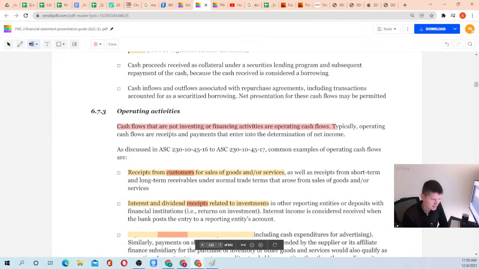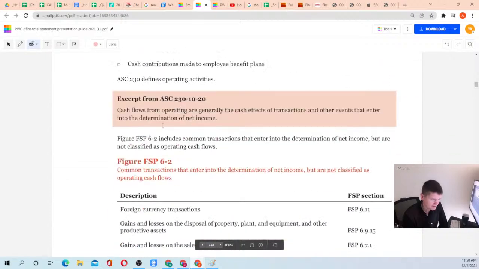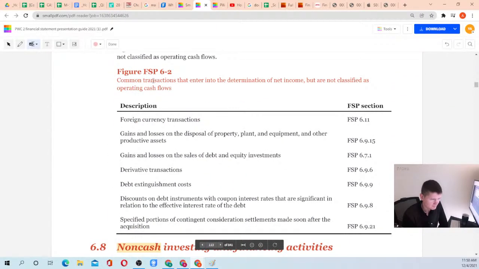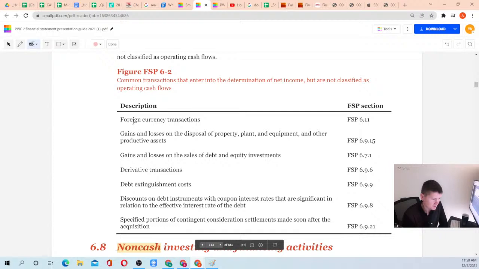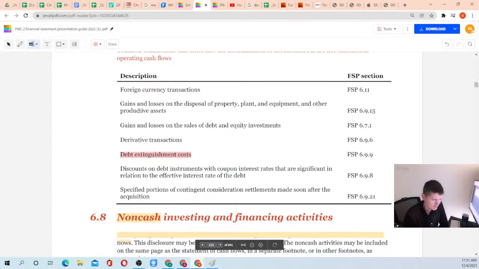We have 5 minutes left, so we have operating activities here. There is a list of items which sit in net income, but which we might want to reclass to other activities. For example, debt extinguishment cost might be a financing activity, or foreign currency might be part of different activities.